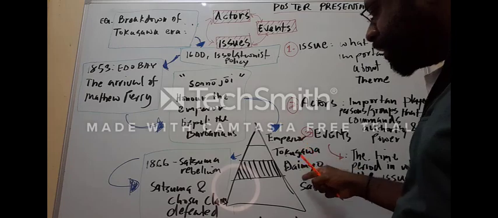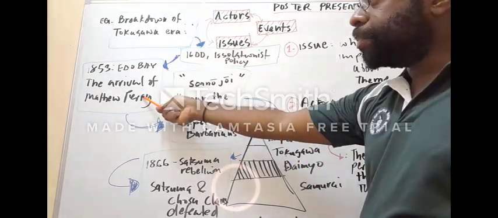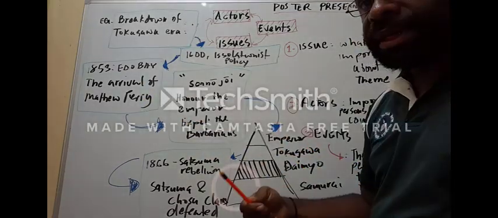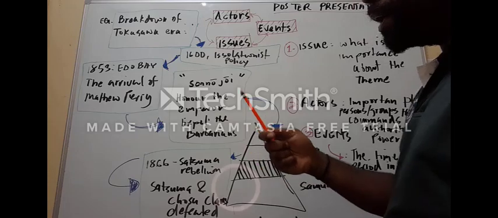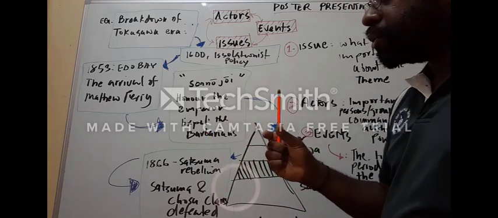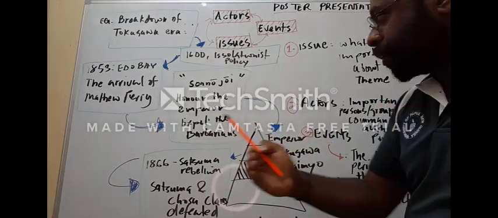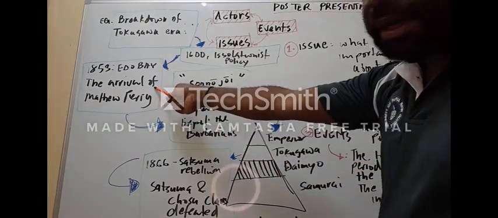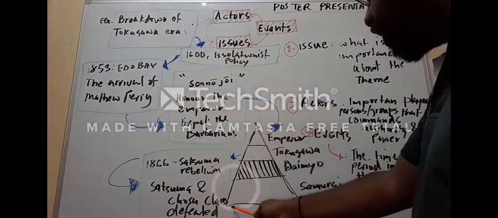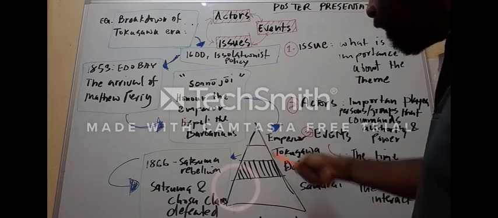Now, what is significant here? The arrival of Matthew Perry exposed Japan's inability to address the issue of foreigners, and the difference in technology questioned the loyalty structure, the Tokugawa structure here.